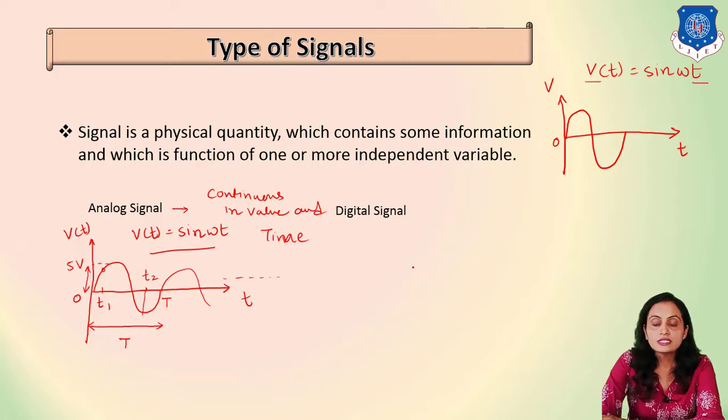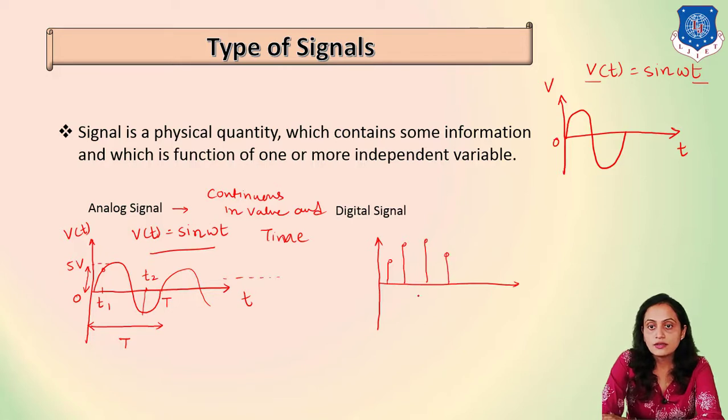Now what is a digital signal? For digital signal we will take one example of a signal like this. This is again a voltage signal only, and this is time t.